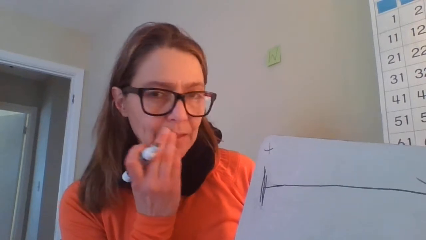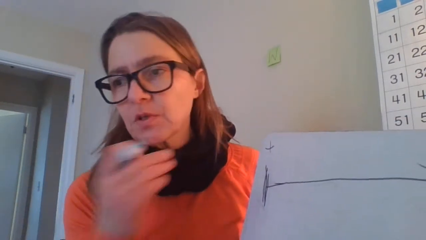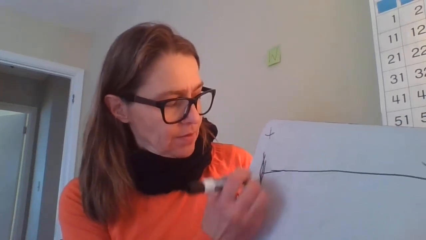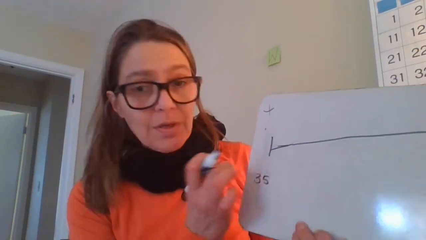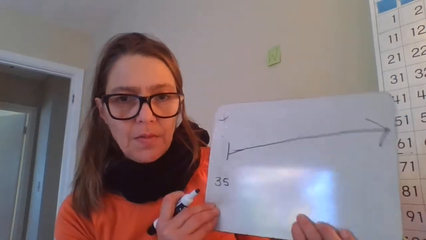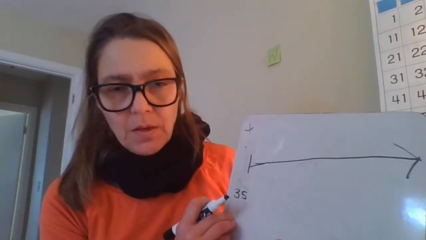All right, and we are starting at, for instance, if we do the solve and share, we're starting at a number, the first addend, 35. And 35 is going to be our starting point. And we need to label it. We need to label every single point on the open number line. And then we are increasing by 24.